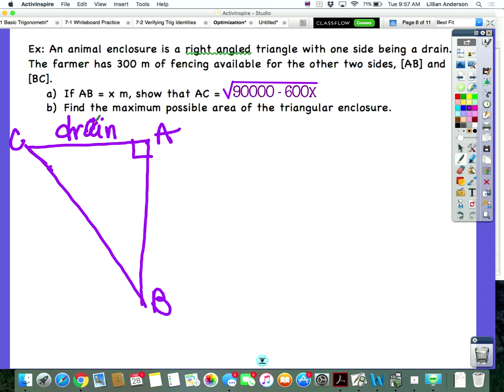Here's step one. I'll help you out there. It says the animal enclosure is a right angle triangle with one side being a drain. The farmer has 300 meters of fencing available for the other two sides, AB and BC. If AB equals x, then show that AC is that right there. It's a show problem, which means it's the algebraic processes.